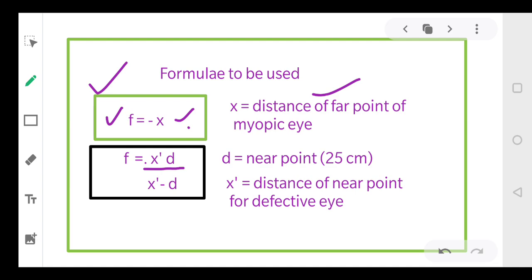See, in case of myopia, myopia is also called nearsightedness. So we do not have any problem seeing near objects. We always have a problem seeing far objects. So whatever distance we can see up to, that is your x. So f will be equal to minus x.